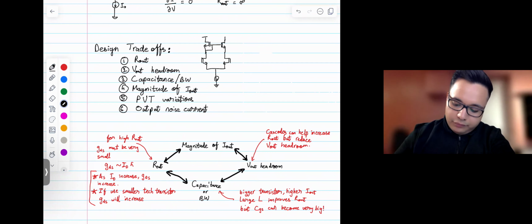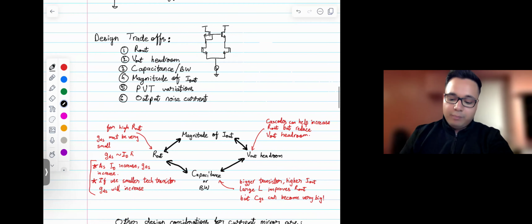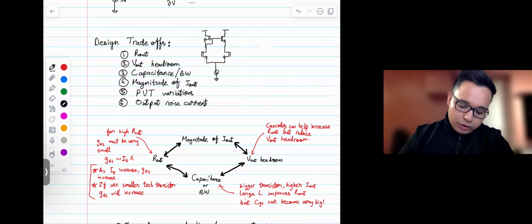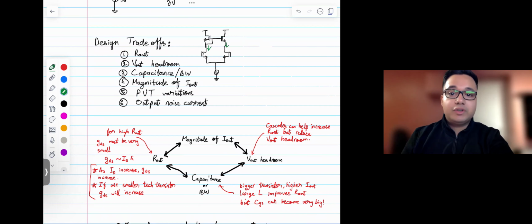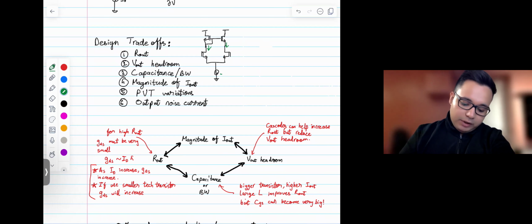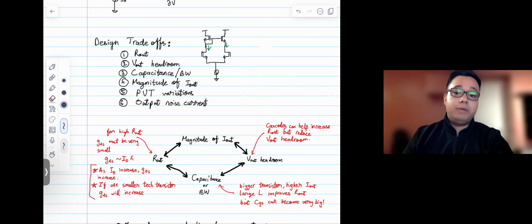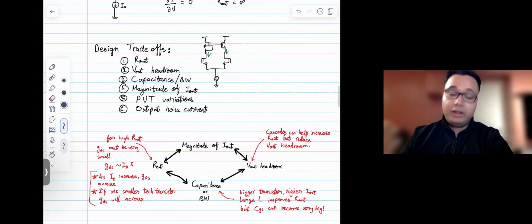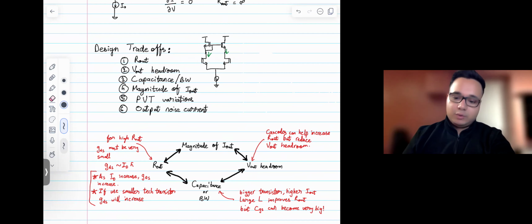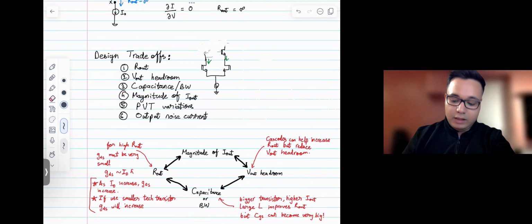But regardless, it would be some sort of current mirror. Here, the current mirror is not just sending in bias currents, it's also processing the small signal voltage. And so in this case, the bandwidth of the current mirror would be important. But the bandwidth for some other current source may not be important if it's just providing a bias current. In the case where the current mirror is processing small signals, that's where the bandwidth is important as well.